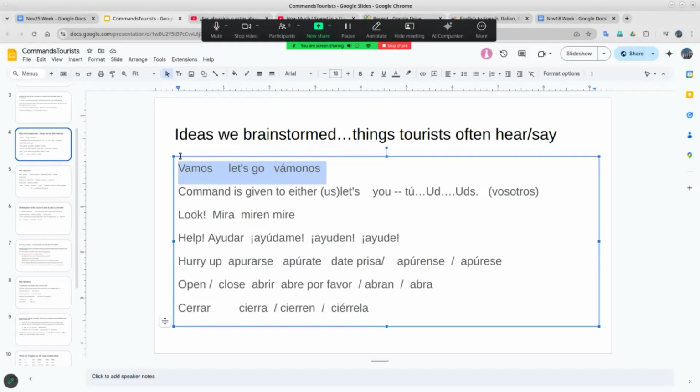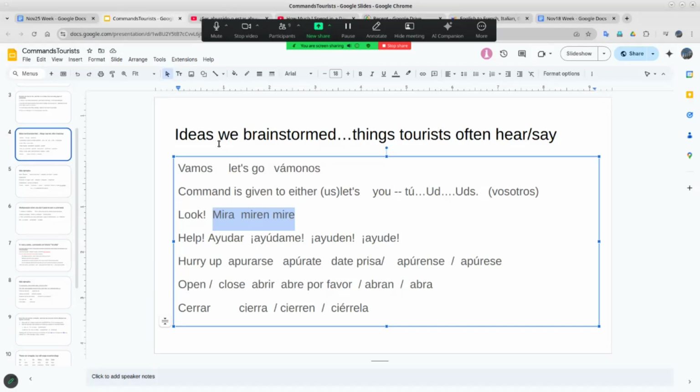But the thing to know is that a tú command, and mind you, these are commands for go do it. You're telling somebody, I want you to do this. Those are called affirmative commands, because they're saying, yes, go do it.